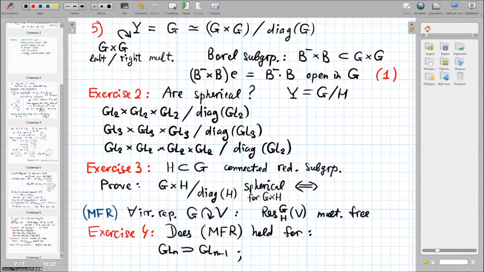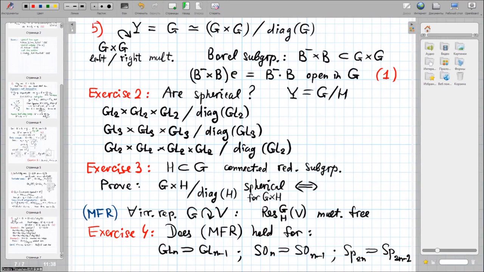The second case is the group SO_N, and the subgroup is SO_{N-1}. And the third case is the group G is Sp_{2N}, symplectic group, and the subgroup is Sp_{2N-2}, a smaller symplectic group. So the exercise is to check whether this multiplicity-free restriction property holds for these pairs of group and subgroup. Okay?